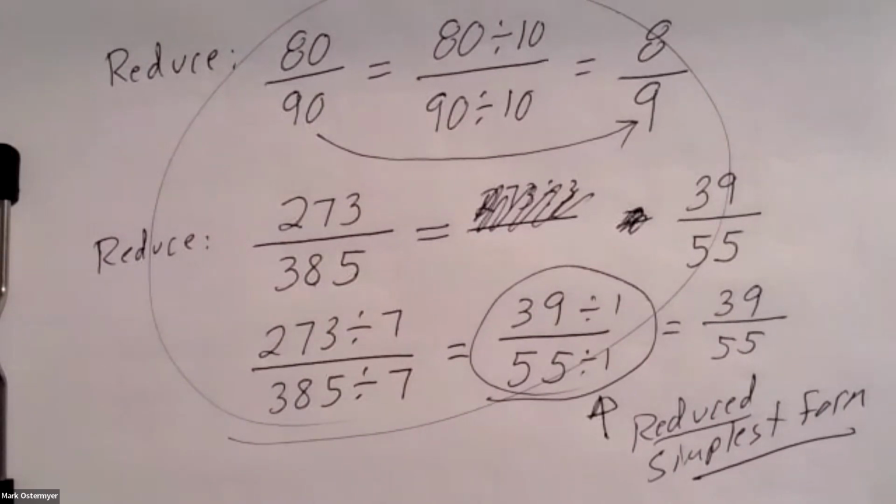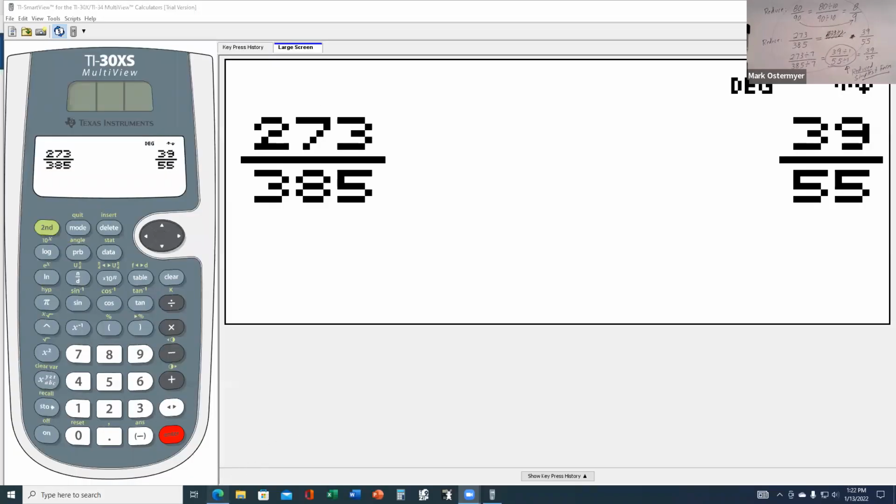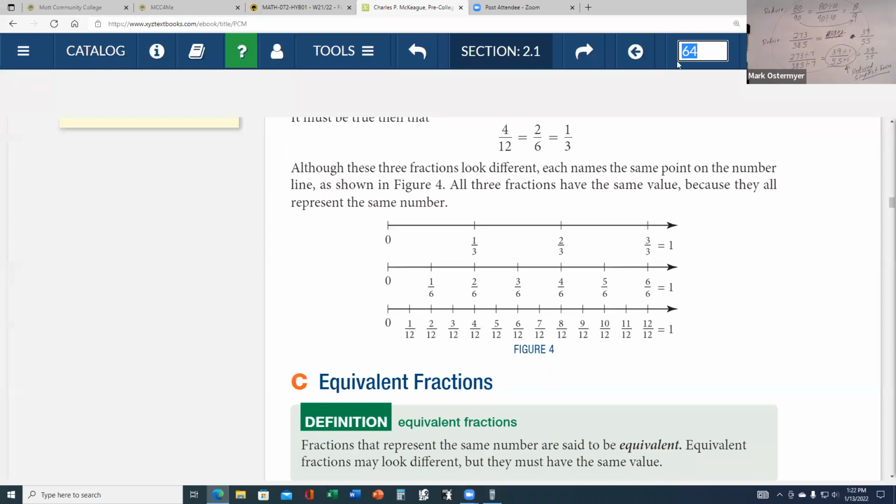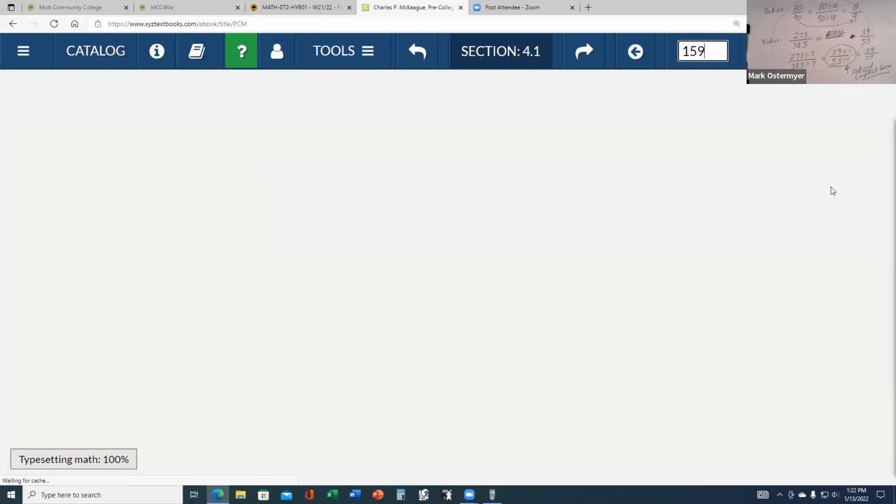All right, let's move away from fractions just for a moment here, and let's go into the world of decimals. So we're going to go back to our textbook here, and I'm going to try to go to page 159 in the textbook. Page 159.